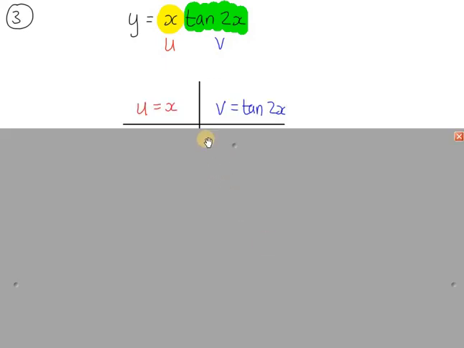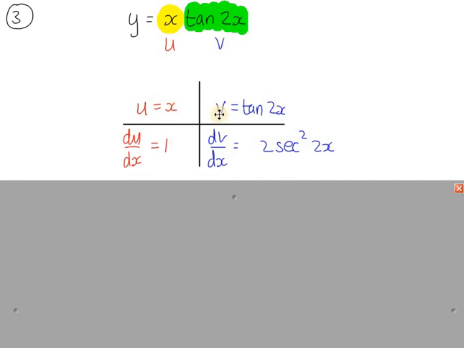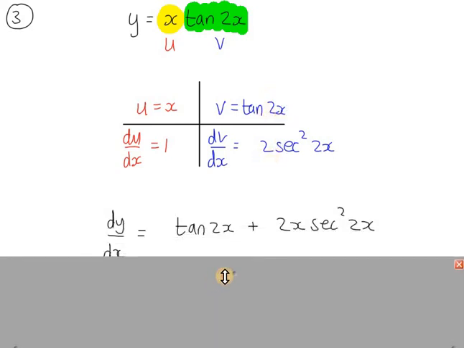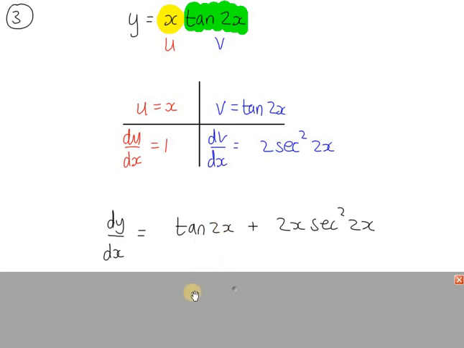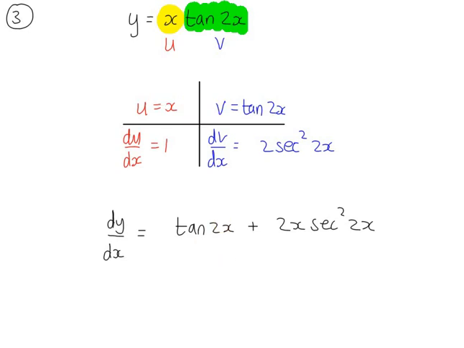So using the product rule, so differentiating, and when you differentiate tan you get secant squared, same angle, but then you differentiate the angle as well. Differentiating 2x will give you 2. And then cross multiply and add. Again, to differentiate trig functions we use radians.